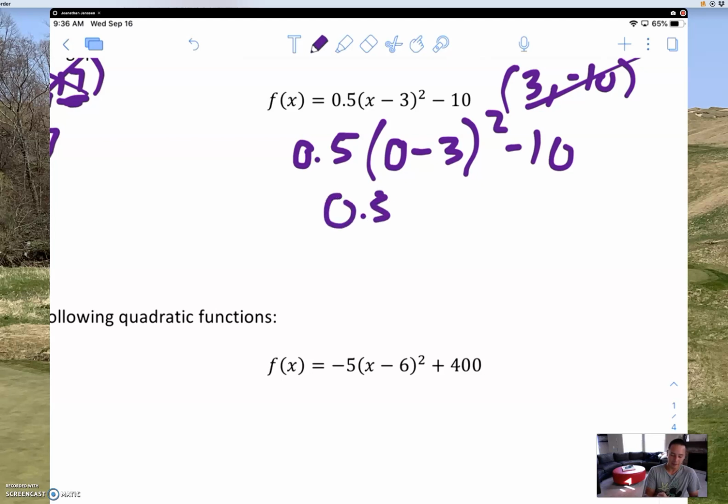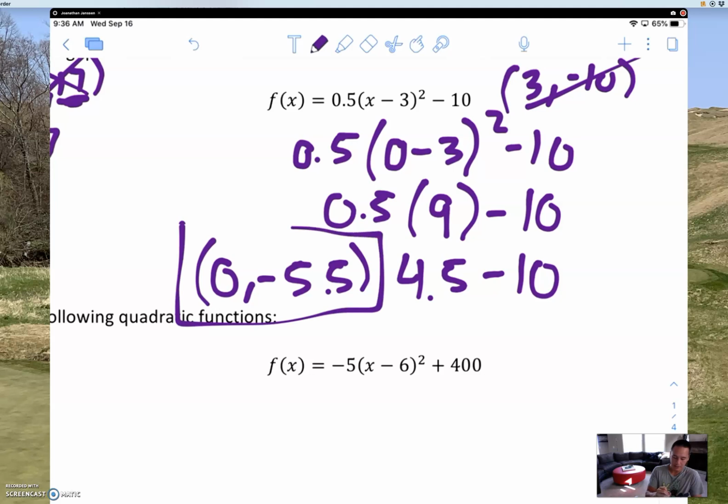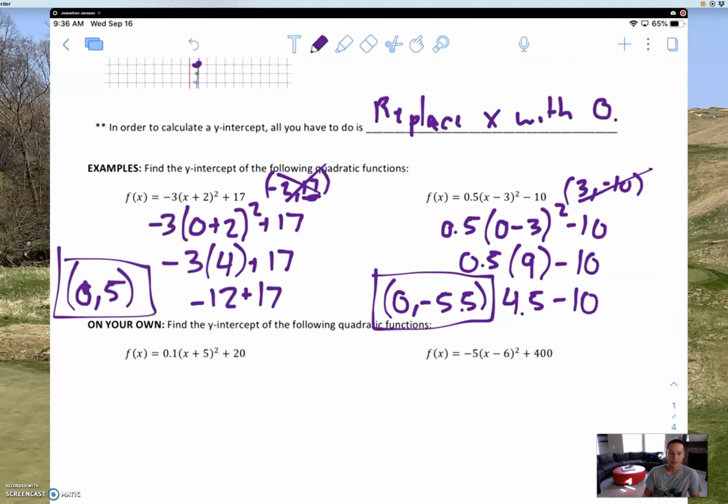So we have 0.5 times 9 minus 10. If you take half of 9, that's 4.5, and 4.5 minus 10 is -5.5. So it's (0, -5.5) as your Y-intercept. Go ahead and pause this video now.